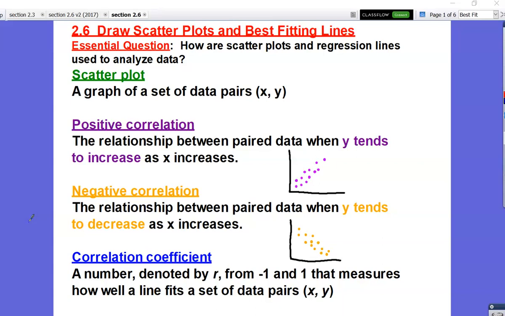We also will talk about the correlation coefficient, a number we call R. It will fall anywhere in the -1 to 1 range, and it measures how well a line fits a set of data pairs.